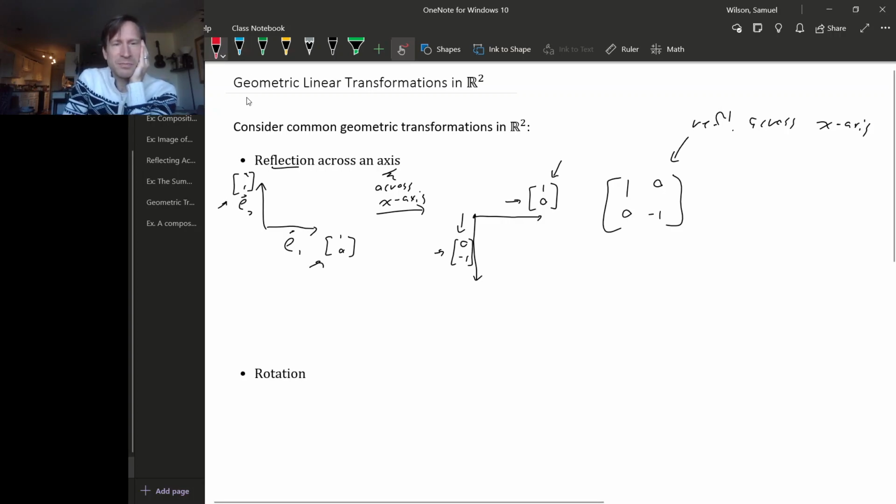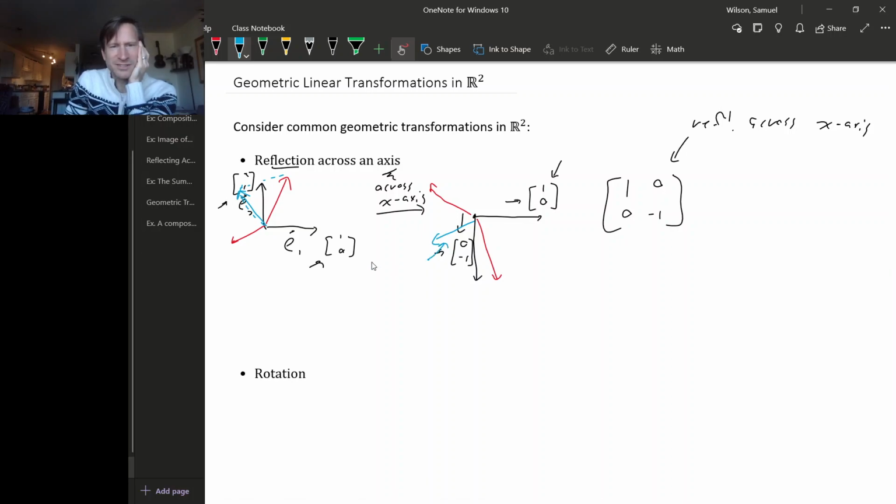So suppose we had any two vectors in R2, say these two. Their sum in this case is going to be something like this. If you reflect those two across the x-axis, you get something like this. And then if you add them, you get that.